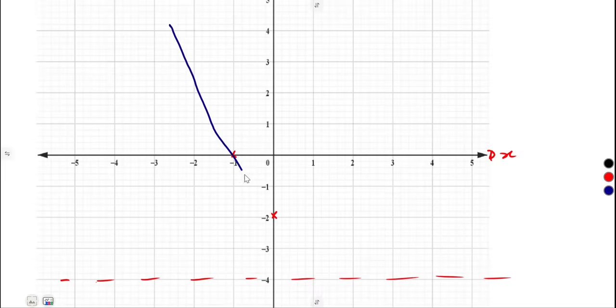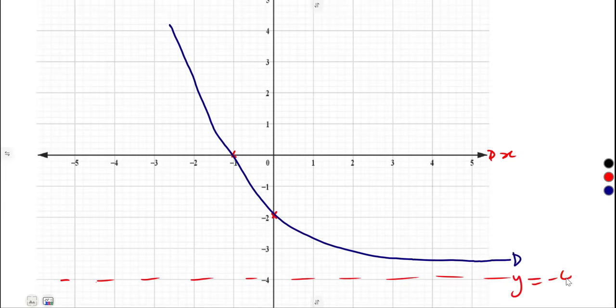We join these two like this. So it tends to reach this -4, but it's not going to cross -4. All right, so that is it. y is equal to 2 times 2 to the exponent of -x minus 4 as it was given, or just f of x.